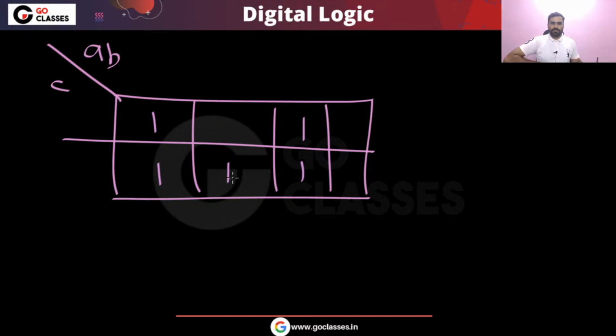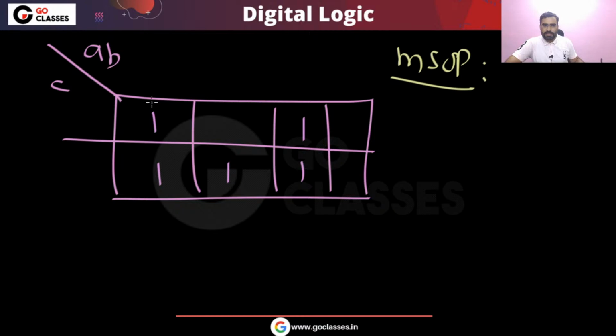If I take this one, yes, okay, so this example will work. This is the correct example. You can check it. This example is going to work.